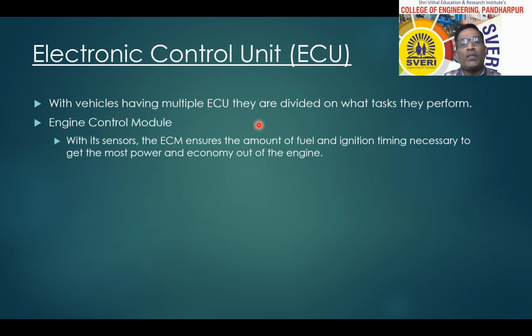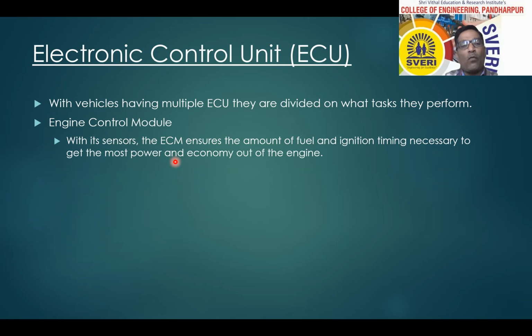So the first one is the engine control module, which is also called ECM. It has various sensors, and this ECM ensures the amount of fuel and ignition timing necessary to get power and economy out of the engine.